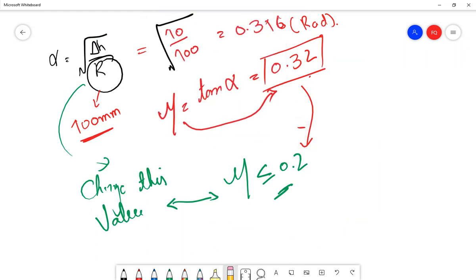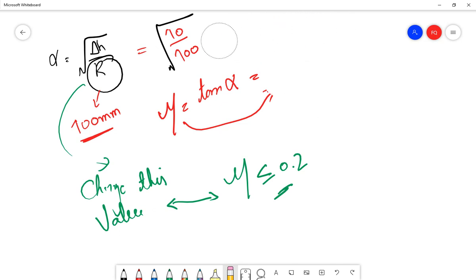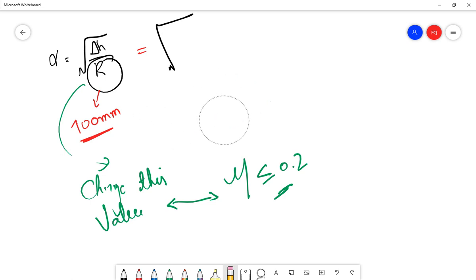Conversely, what we can also do is use a direct equation by putting in the value of r and so on to calculate all these.